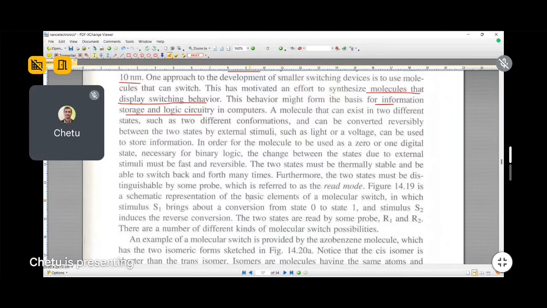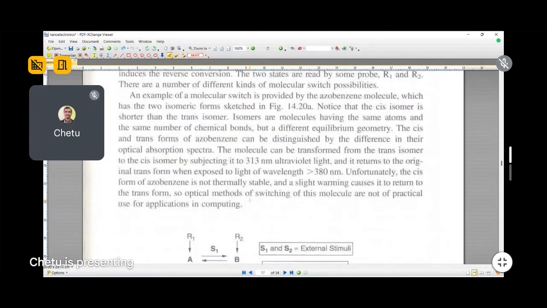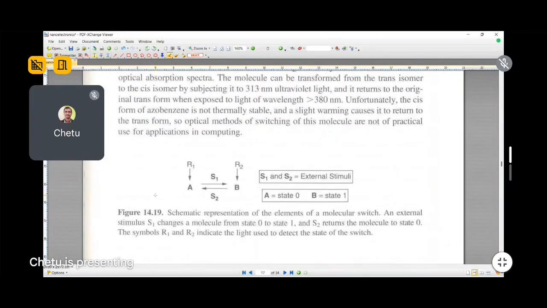Then the states of this molecule can be understood using a read and write probe, or using different modes. Now, first see what happens to the molecular switch.